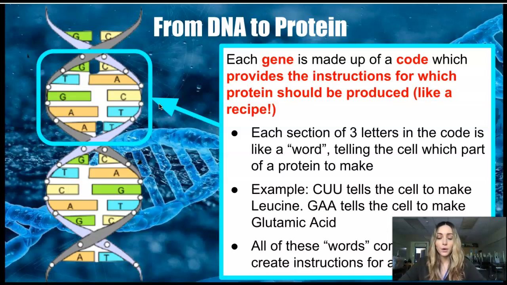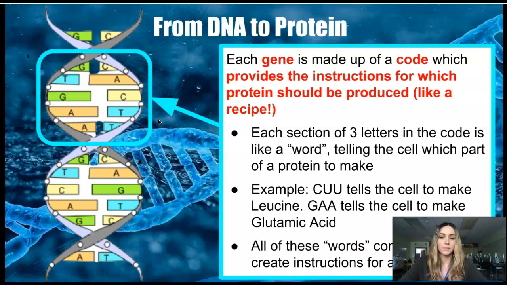Whatever code that organism has on that gene will tell the cells what type of protein to make. Now these codes are broken up into little sections made up of 3 letters. These are called codons, you don't need to know that, but each set of 3 letters, or each codon, translates into basically a word, telling the cell which part of a protein to make.